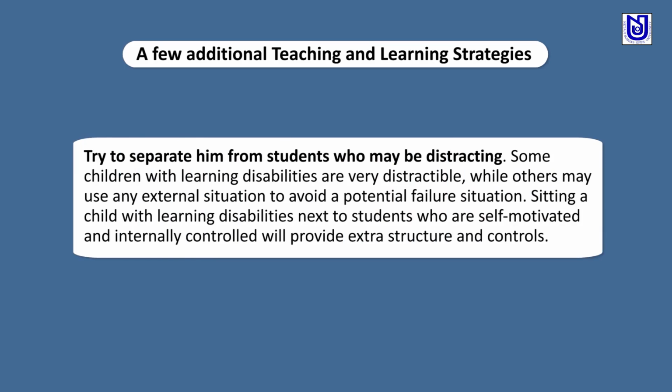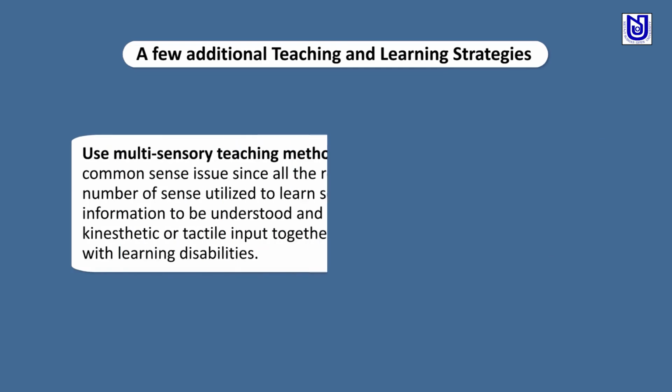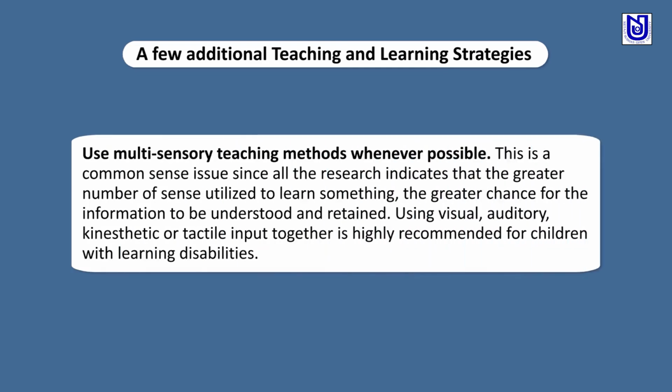We know that in a classroom there are many children and they differ from each other, so we have to try to separate the child with dyslexia from other students who are distracting. Then use multisensory teaching methods wherever possible. Using visual, auditory, kinesthetic or tactile input together is highly recommended for children with learning disabilities or dyslexia.